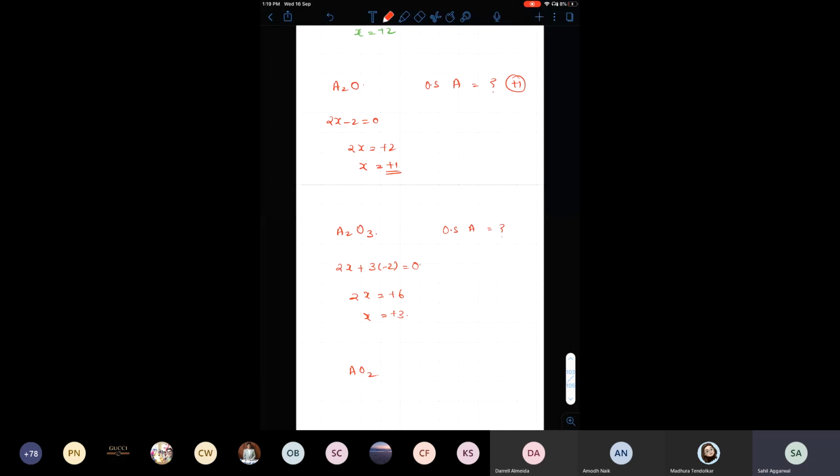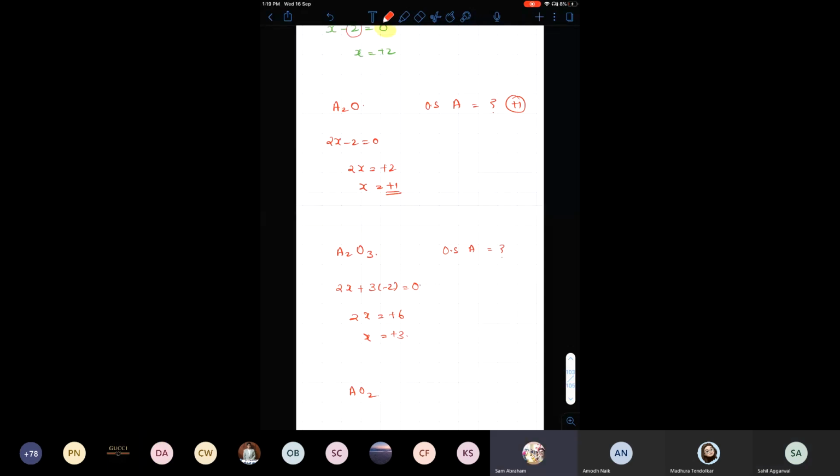If it's by mistake, you can get it. But it should be very much clear. Oxidation state charge के साथ ही लिखना है. X plus 2 into minus 2 equal to 0. X equal to +4. These are done.